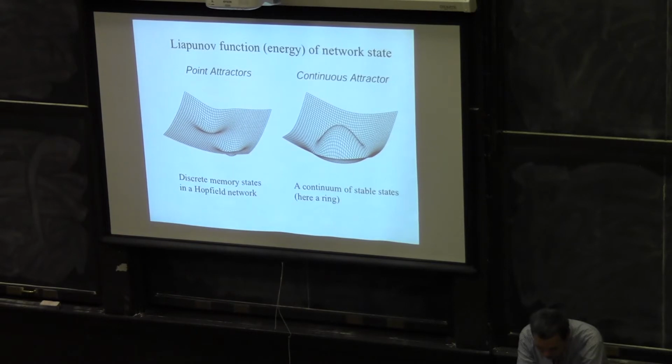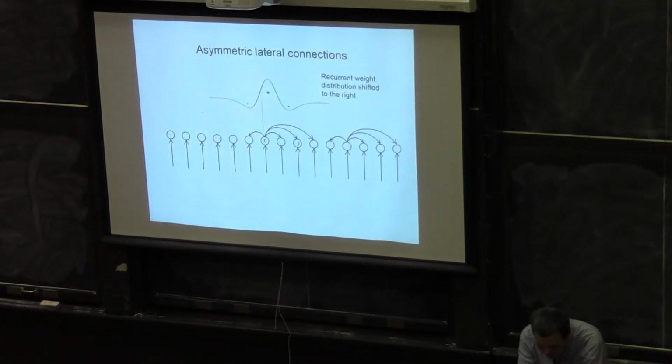But how can you move things around? I'll just give you a very quick idea. If you have this connection, what happens if you shift this connectivity pattern? This curve shows how a given cell in the middle projects to its neighbors. It's no longer symmetric: I excite my right neighbor more than the left neighbor.